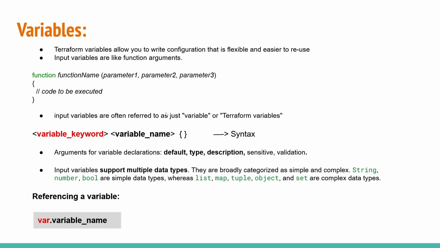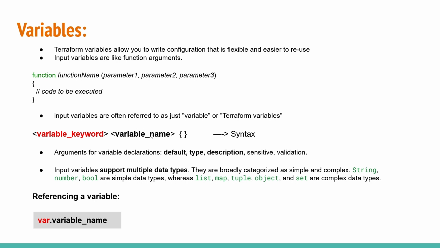This may be a little confusing, but let me refer to this syntax. I have written the variable keyword, and in the next bold letters, the variable name. The variable keyword is what you need to define while creating a variable.